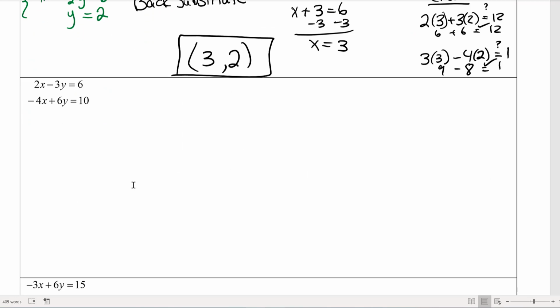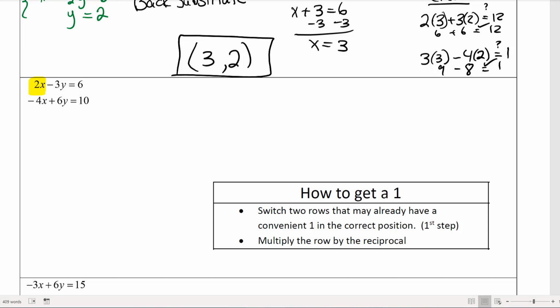For our next example, for step 1, I want to get a 1 in the first equation for the x coefficient. I don't have another 1 in another equation, so switching 2 rows isn't actually going to help me. So I have to multiply by the reciprocal. The reciprocal of 2 is 1/2.